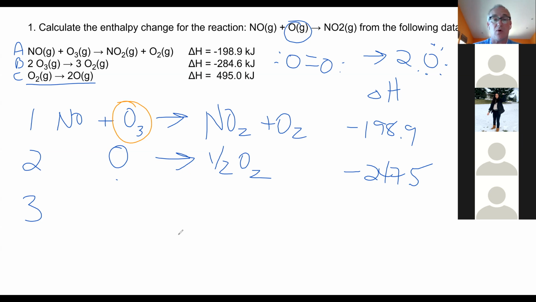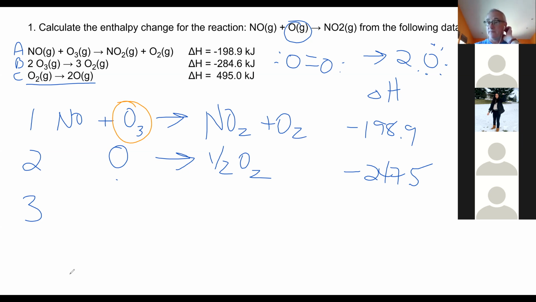I'm going to need 1 mole of ozone as a product so I can subtract that. I think that's really what we need to do. So I need 1 mole of ozone as a product. Where am I going to get that from?